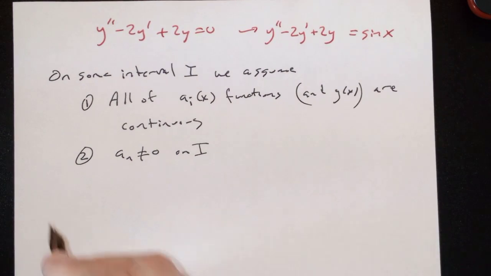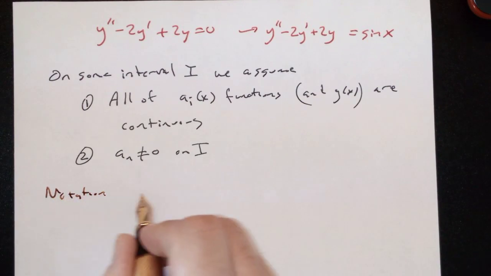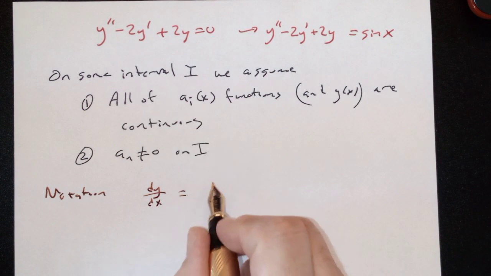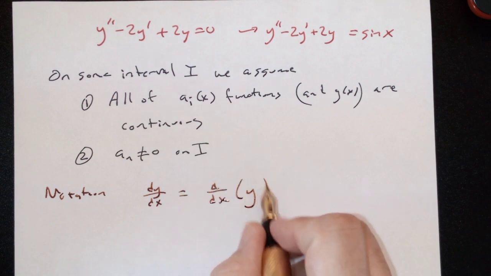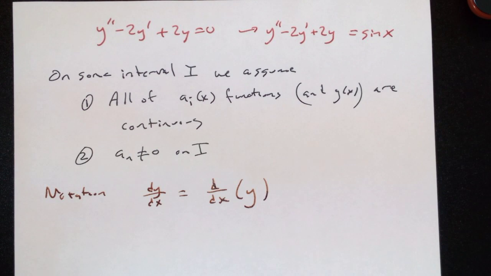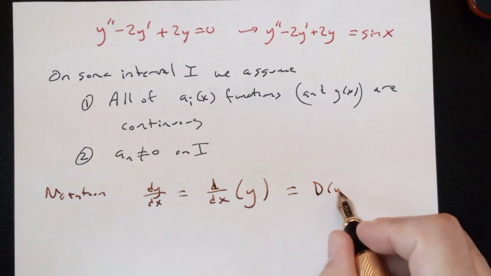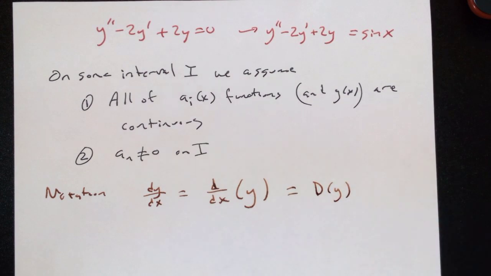I want to think of this as an operator on y. So this is a thing you do to a function. We will see this frequently in this textbook. We will write this as a function of a function. So I'll write capital D of y. That means take the derivative of this thing. Just a new notation.